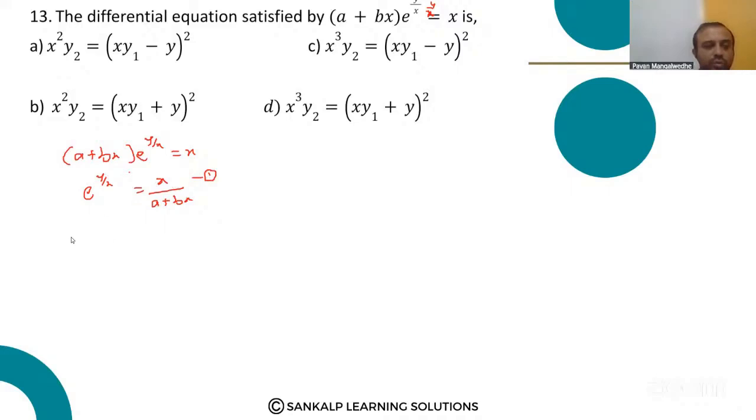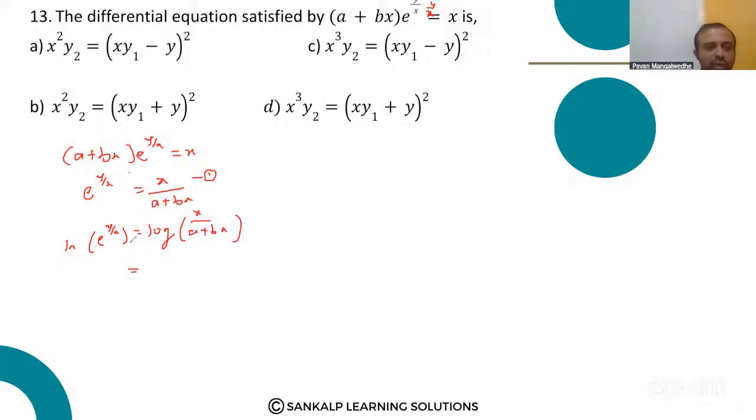So taking the logarithm on both sides. So log of e raised to y by x is log of x by a plus bx.